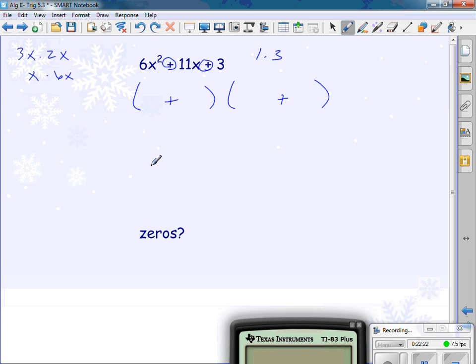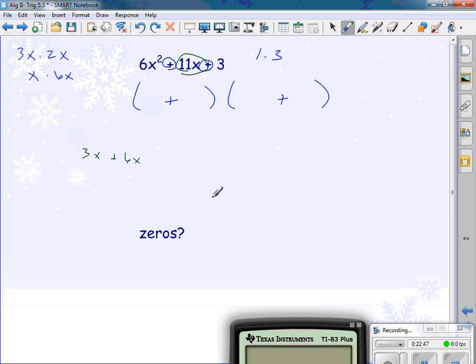Now, here's the tricky part. I've got to do some sort of combination to get an 11x in the middle. So I could take 1 times 3x and I get 3x. 3 times 2x and I get 6x.